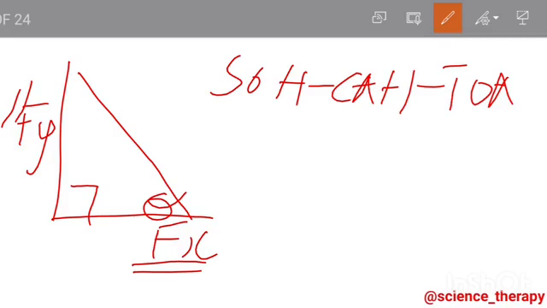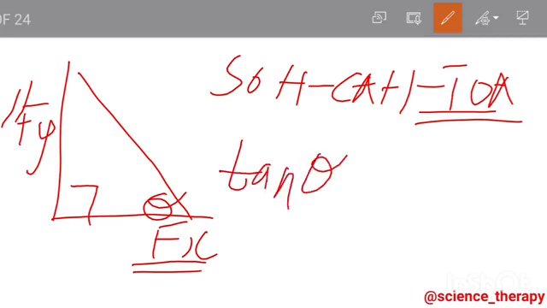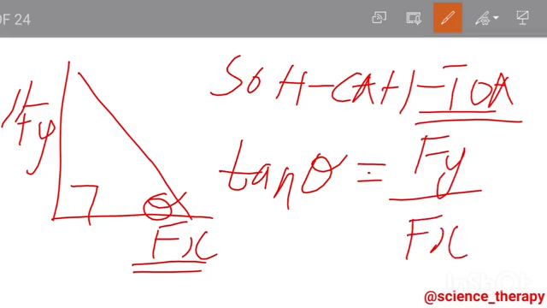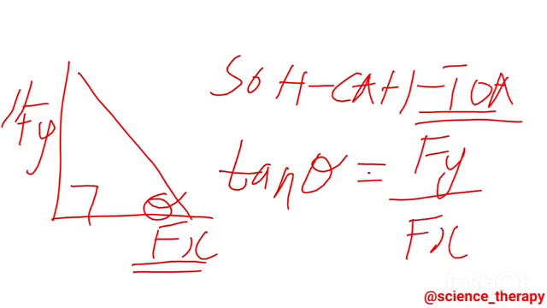What trig ratio allows for that? That's tan, using your SOHCAHTOA. So that's opposite over adjacent. So every time we're looking for the angle, we use that. So the angle determines our direction in terms of the bearing. So that's your Fy over Fx.